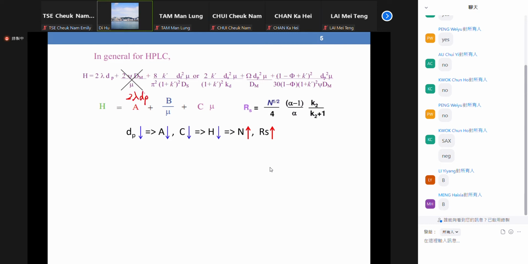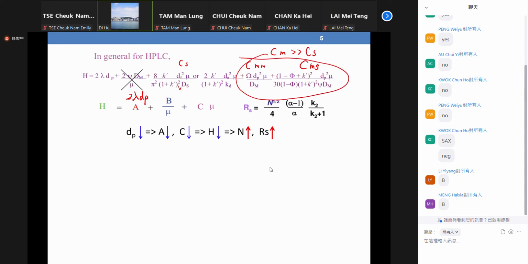So the A term decreases. C term has the stationary phase, CS, and the mobile phase, which has the moving mobile phase CM and the static mobile phase CSM. Normally, the mobile phase C is much larger than that from the stationary phase, so we'll focus on these two.